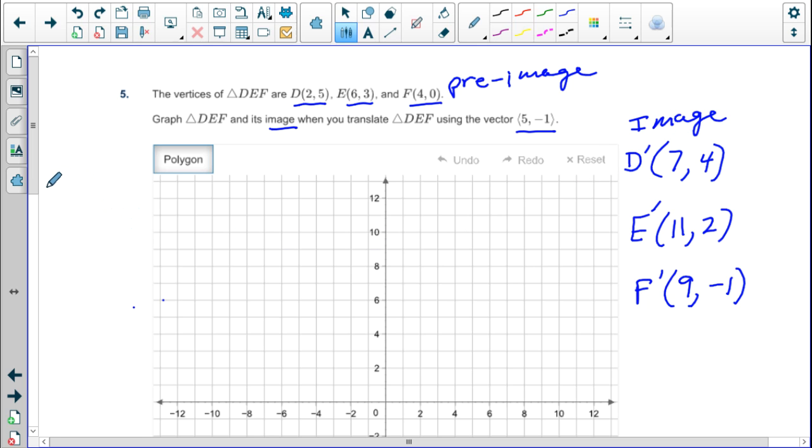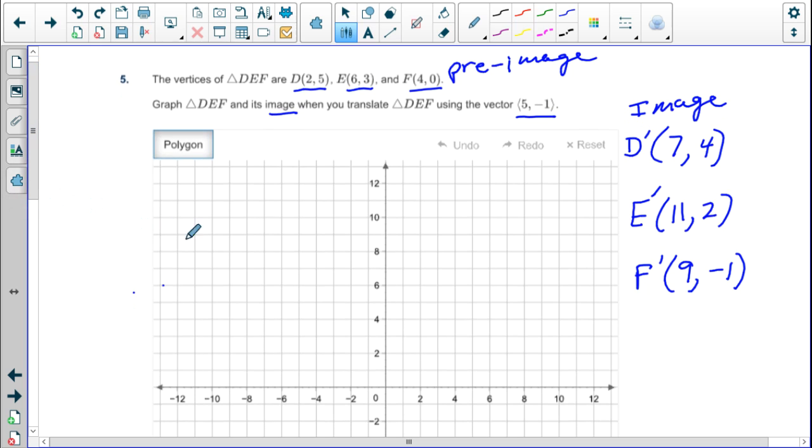So if we graph those points, the first one, the pre-image, is at 2, 5. So we'll have a point there. And you can't write D on there, but that's where D is. And then we go 6, 1, 2, 3. So that is 6, 3. And that's where E is.